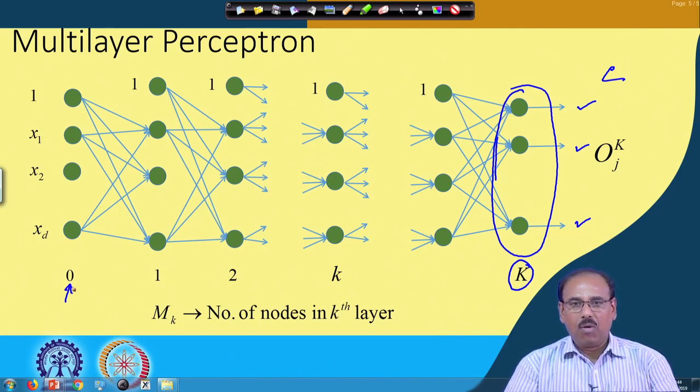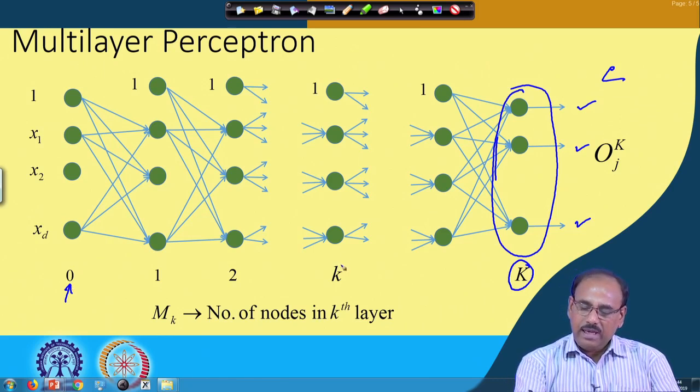Whereas, in all the hidden layers, the neurons perform two tasks. Every neuron takes the weighted sum of all the inputs that it receives from its previous layer and then computes a nonlinear function over it, and the nonlinearity that we are considering over here is a sigmoidal nonlinearity.